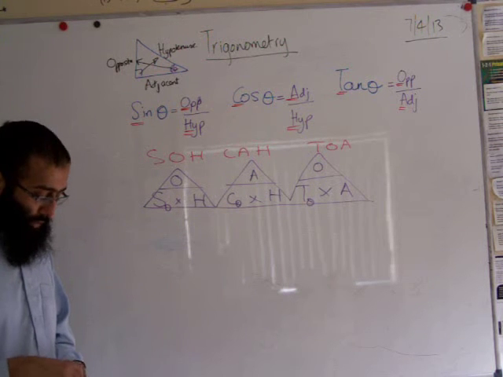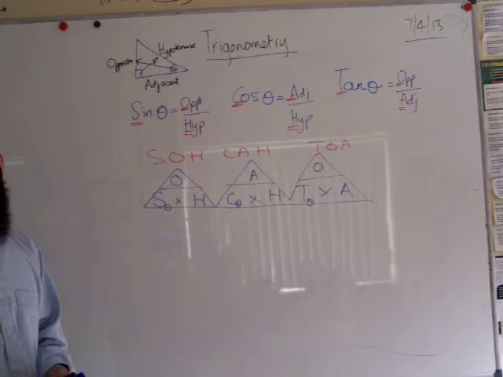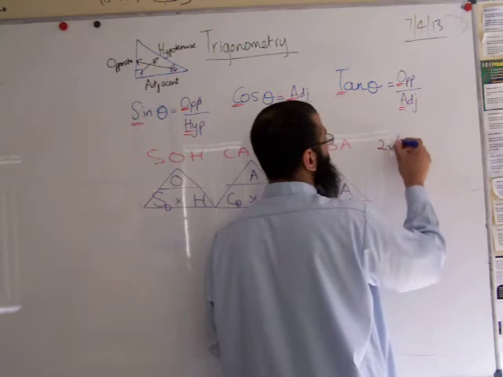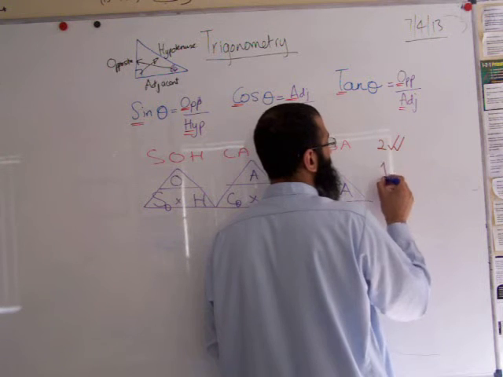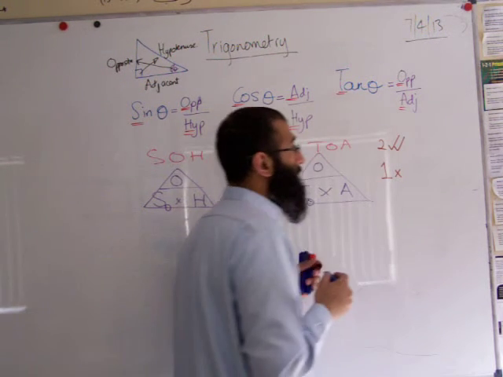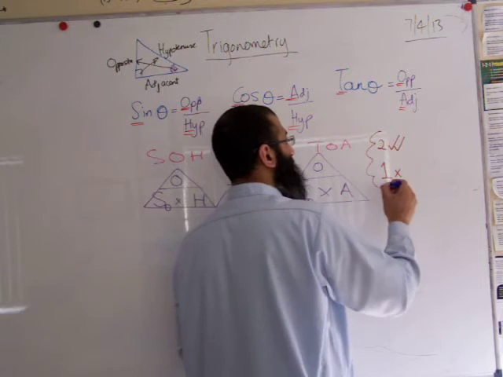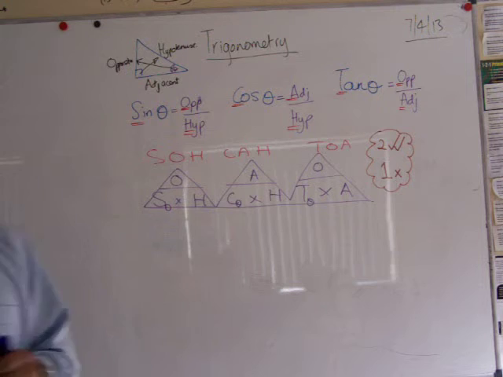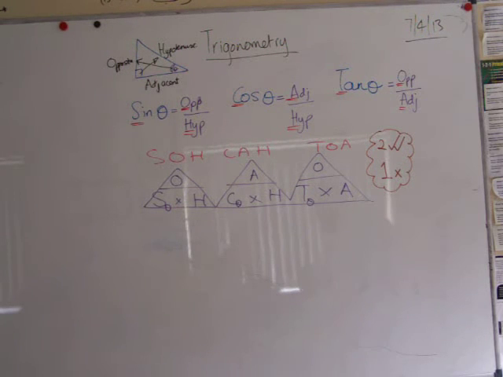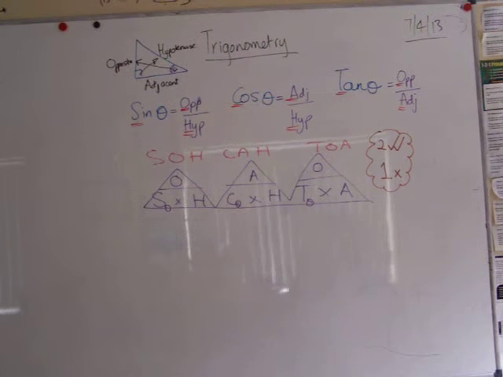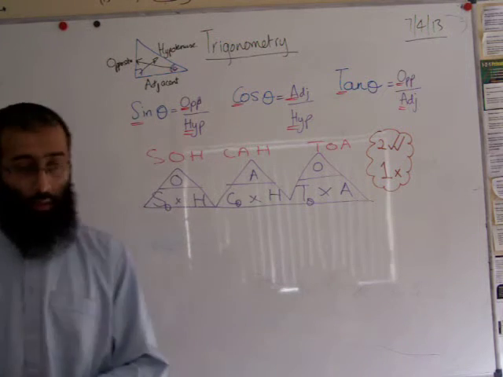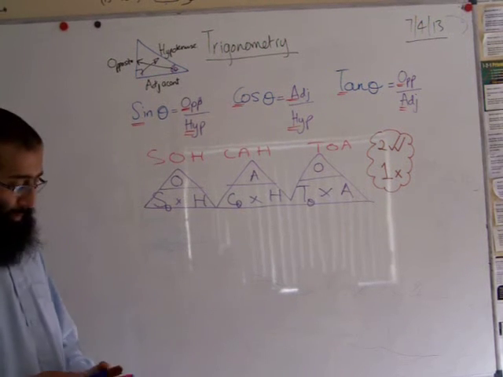Now, we're going to use the rule, and the rule is called 2 ticks and a cross. So what do we tick?